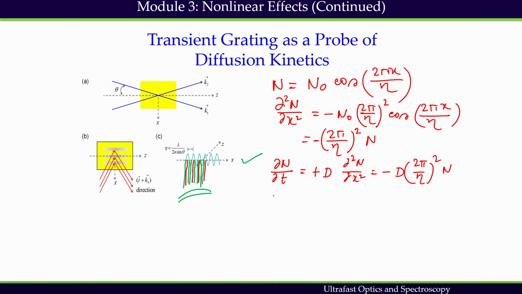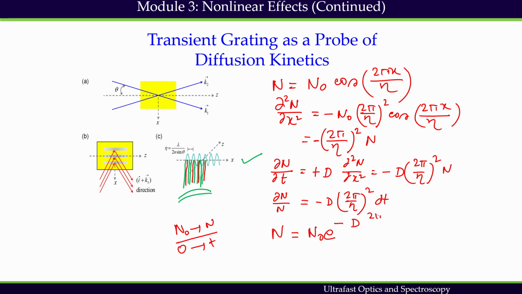We can then integrate this equation, and write dn by n equals minus D (2 pi by eta) whole square dt. Finally, if we integrate it within the limits n naught to n, and 0 to t, we get the expression n equals n naught e to the power minus D (2 pi by eta) whole square t.